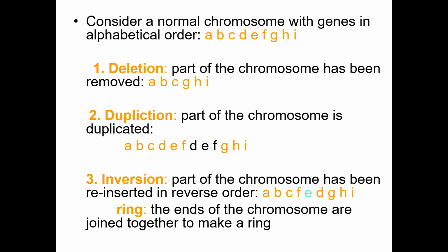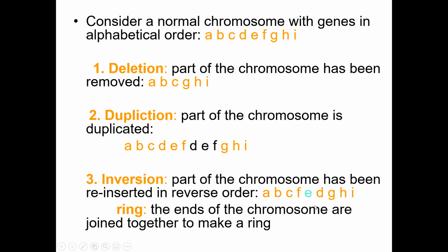Then the third type is inversion. A part of the chromosome has been reinserted in a reverse order. Otherwise, you know, ABC, DEF, GHI.